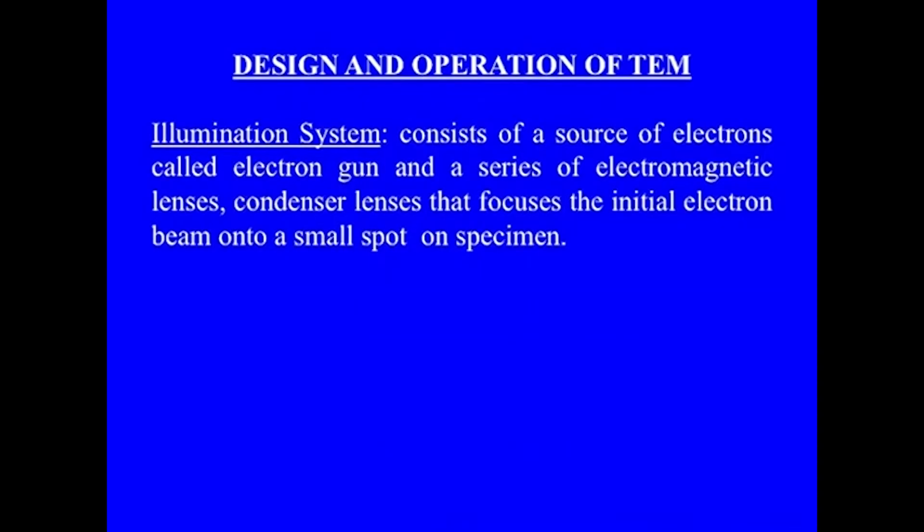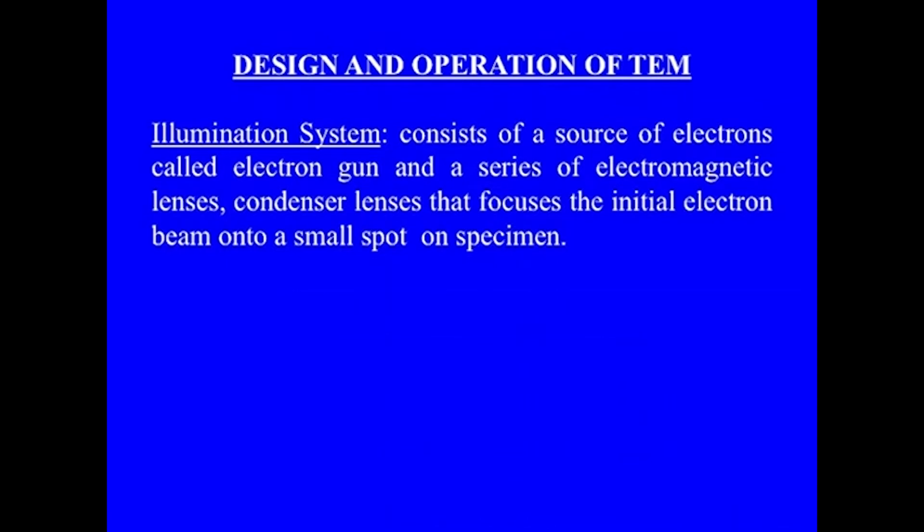Now, let us get into the design and operation of transmission electron microscopes. Like we were discussing different components, let us discuss them in a little more detail. The illumination system, like I said, consists of a source of electrons called the electron gun and a series of electromagnetic lenses.